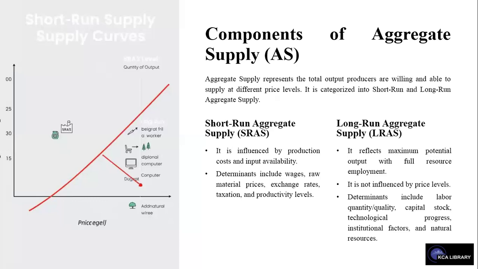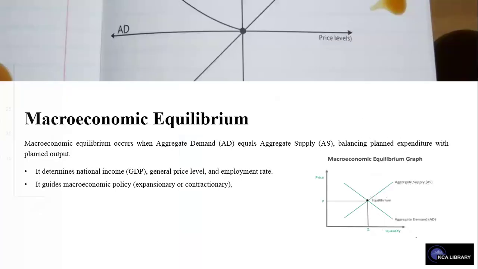Macroeconomic equilibrium occurs when aggregate demand equals aggregate supply, balancing planned expenditure with planned output.